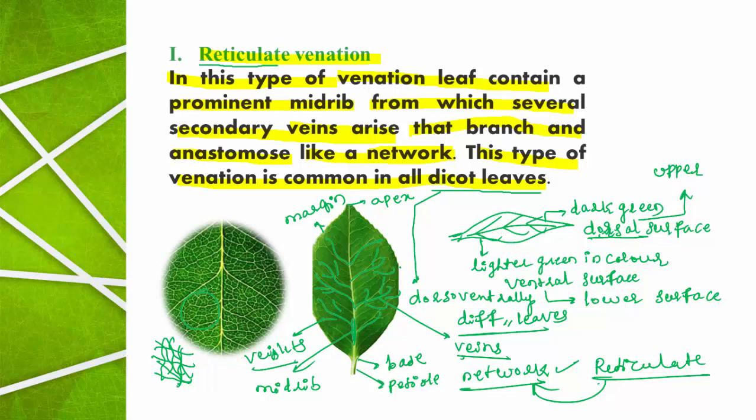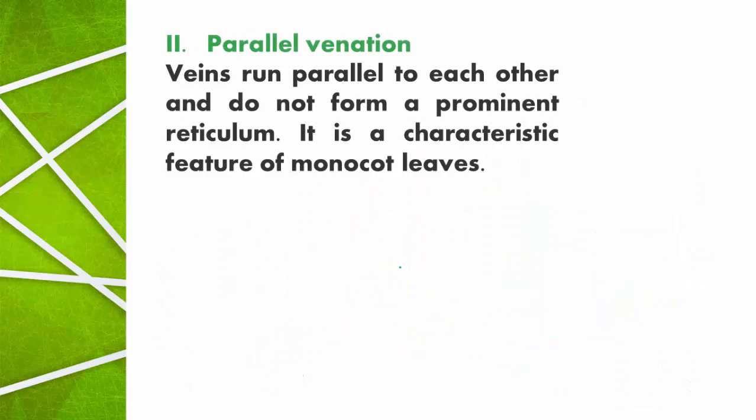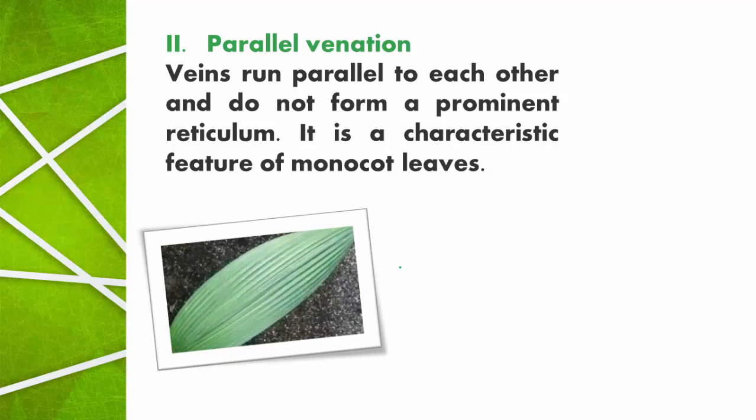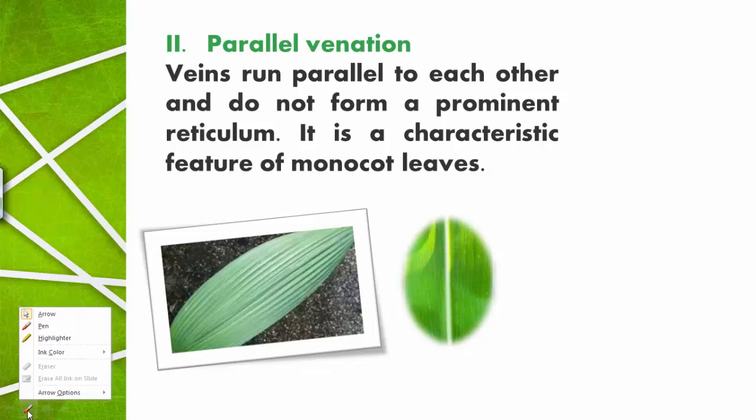If a network-like structure is present on the leaf lamina, no doubt it is reticulate venation, and reticulate venation is the character of only dicot leaves. Opposite to this is one more type of venation, parallel venation, and parallel venation is the character of monocot leaves.